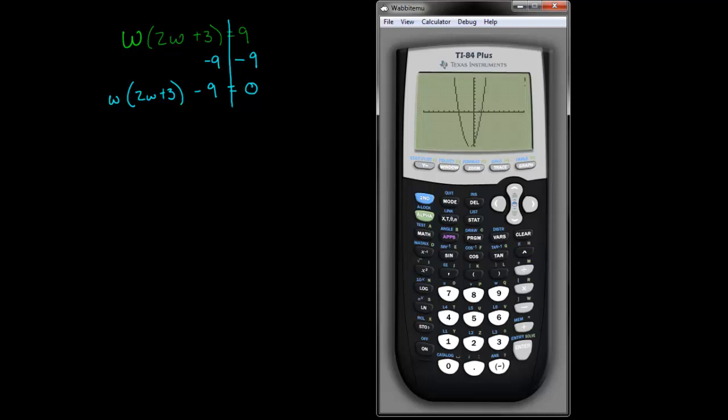Alright, so now that gives me a real good view of what we're after on this graph. So the question is, find the width. Now I'm going to look at my calculator. I've got two solutions. The solutions are where it crosses the x-axis, our zeros. We've got one in this area and we've got one in this area.